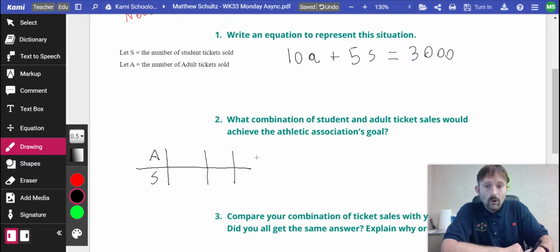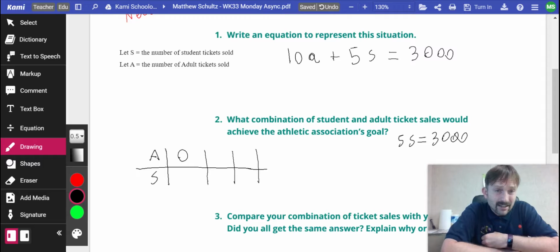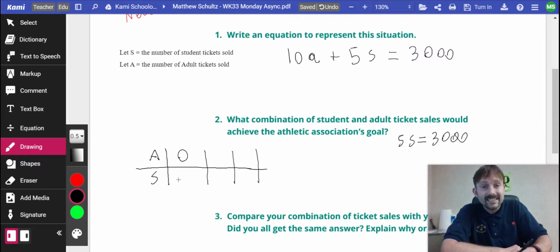I know for a fact I could sell 0 adult tickets. If I sell 0 adult tickets, then 5S is equal to 3,000, because 0 times 10 is 0. Just off the top of my head, that would be 600. I would have to sell 600 student tickets for that.